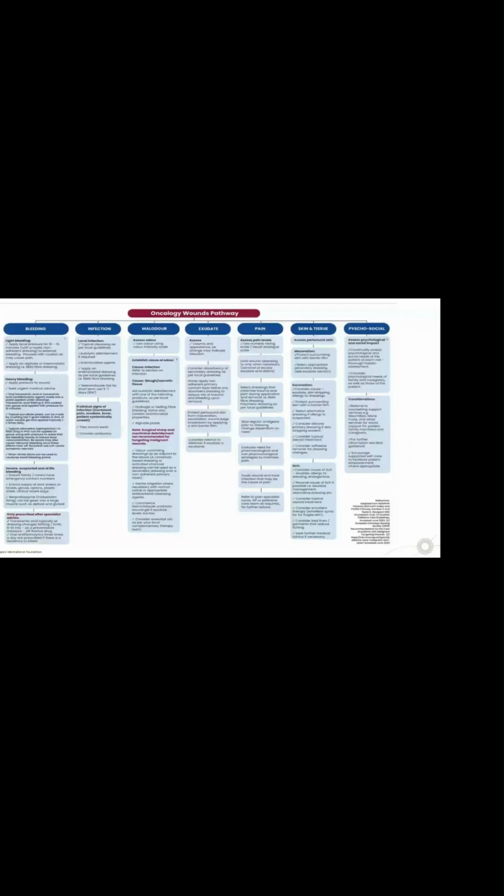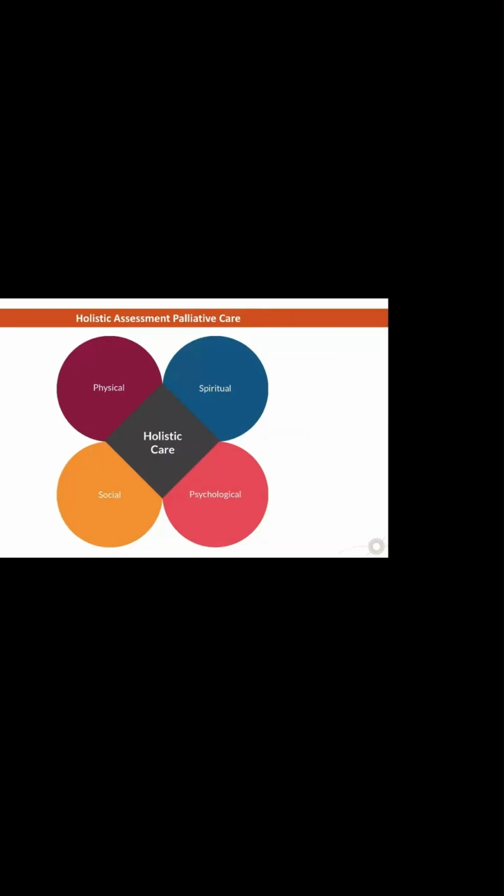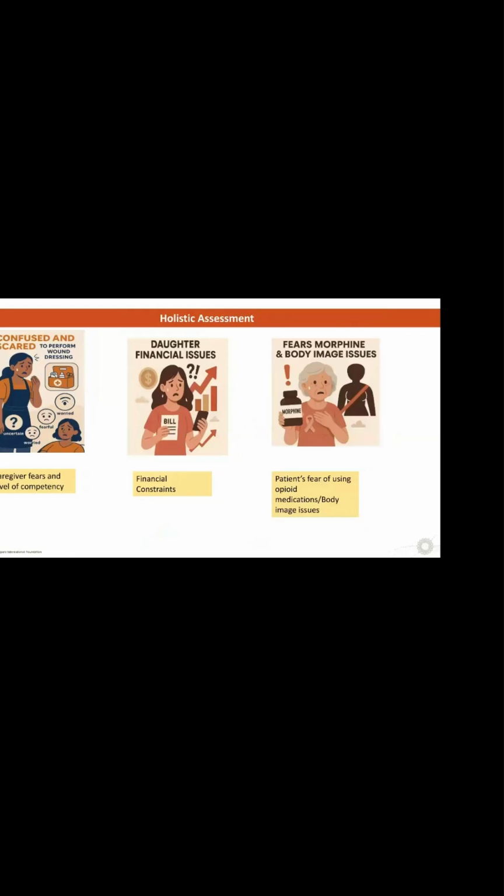Here we have to maintain some ethical considerations when treating a patient with a fungating ulcer. Avoid unnecessary interventions. Respect patient wishes and dignity. Be culturally sensitive. These are the major ethical considerations for those dealing with a patient with a fungating ulcer. This is a holistic assessment, a holistic approach.